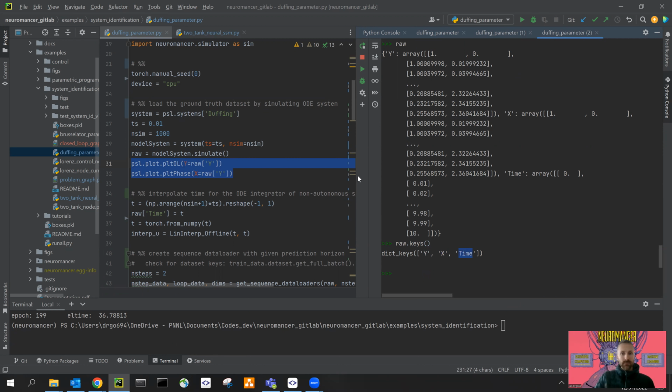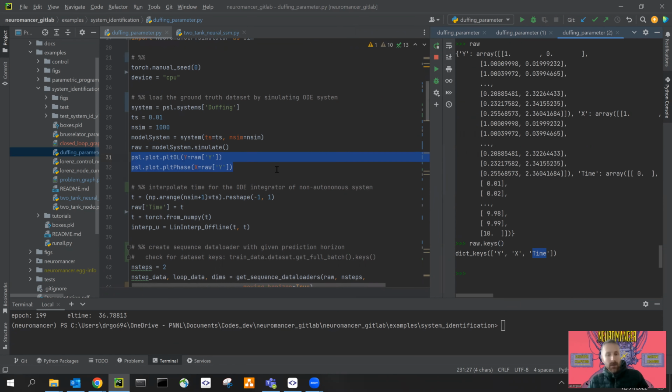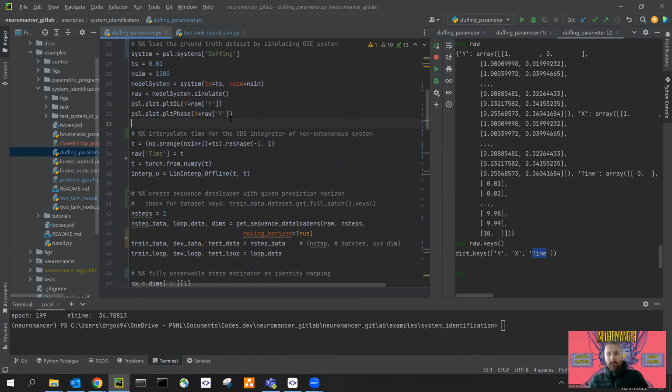Some systems may have explicit time information, like in this case, which is a non-autonomous system, and that will be automatically processed later on in our data loaders. But this raw data set can come from any means. You can load it from your computer, from CSV files, or you can just parse it from a URL. Doesn't really matter.